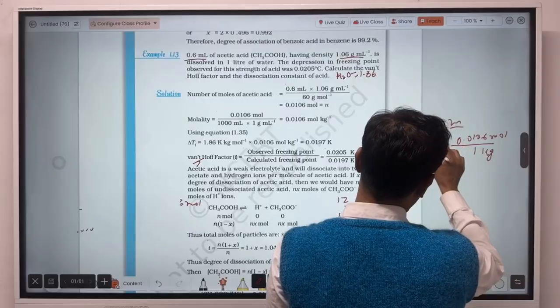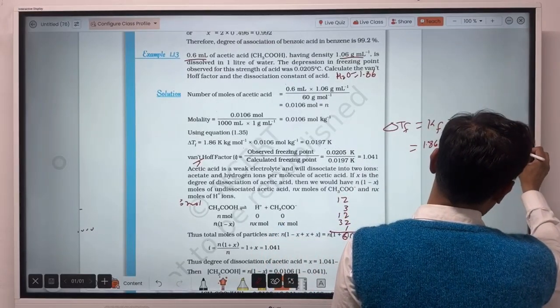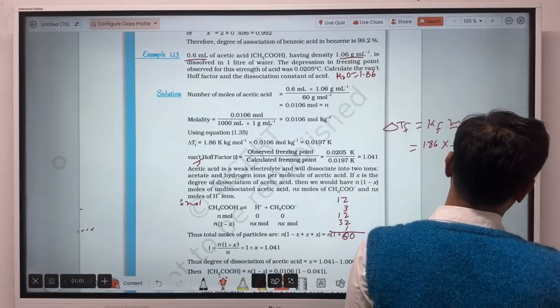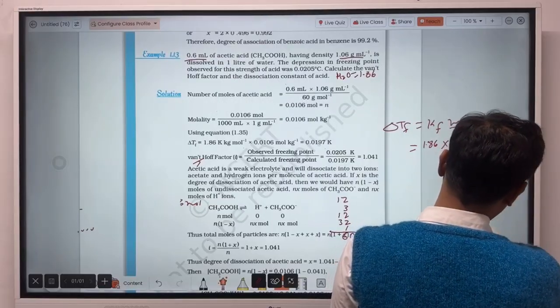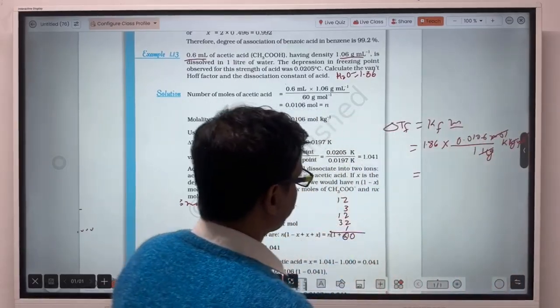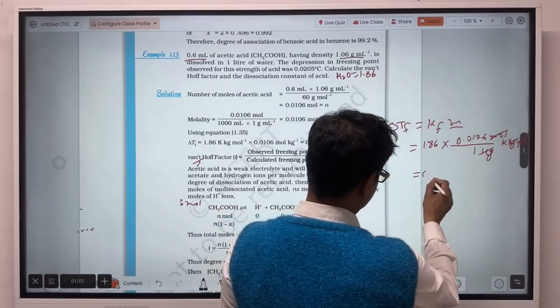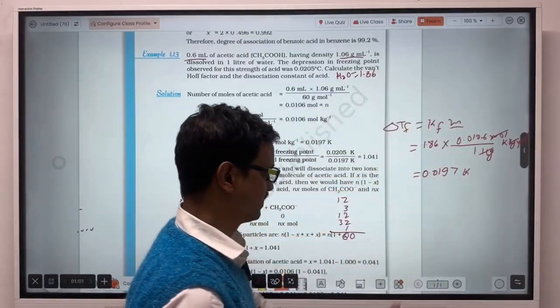Most probably in the examination they will give 1.86 Kelvin kg per mole. So mole inverse and mole will cancel out, kg cancels out, and Kelvin will be left. So now 1.86 into 0.0106, multiply that. After multiplication, that becomes 0.0197 Kelvin. Delta Tf is that much.